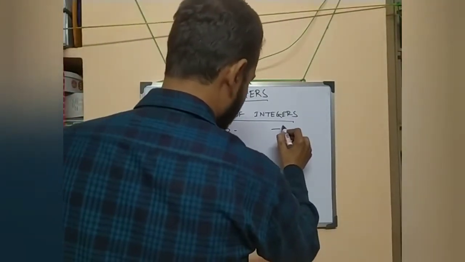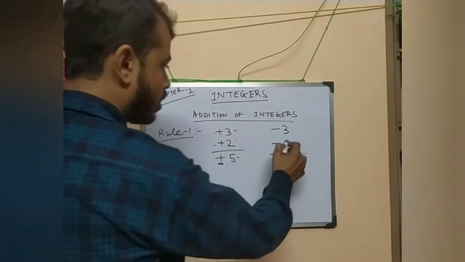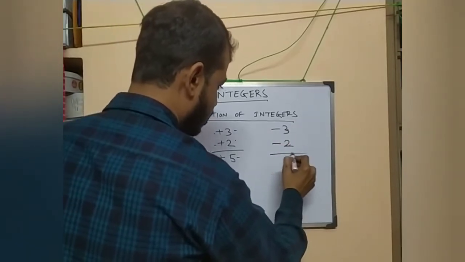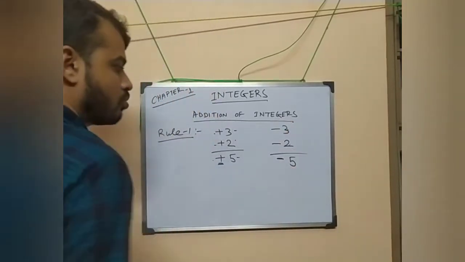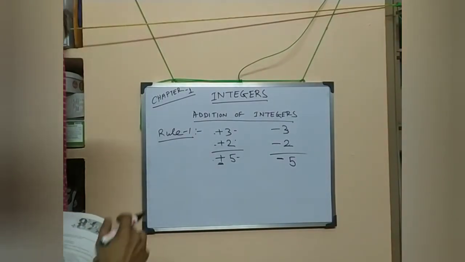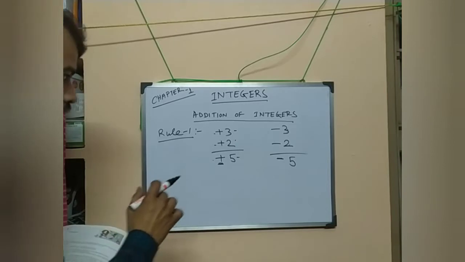If we add two negative integers, first we add their values, 3 plus 2 is 5, and the sign is also minus. So rule number 1, if we add two positive or two negative integers, then we add their values.